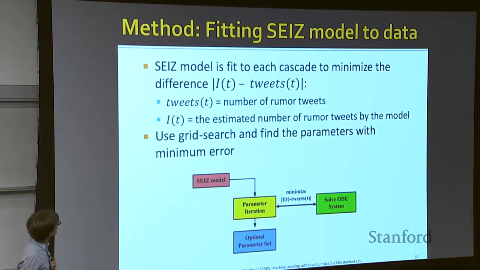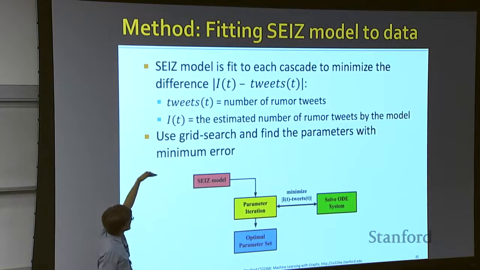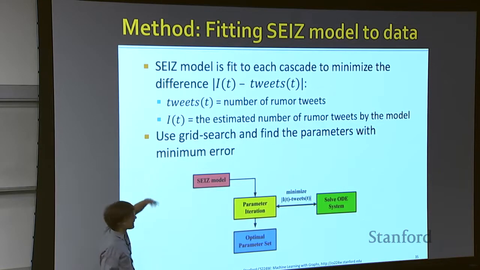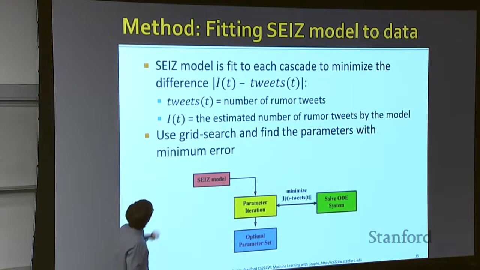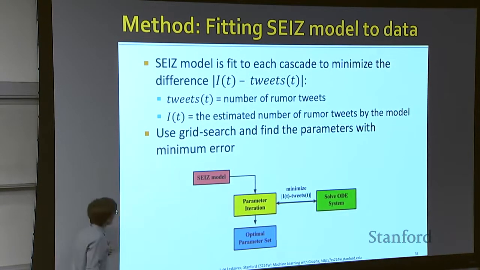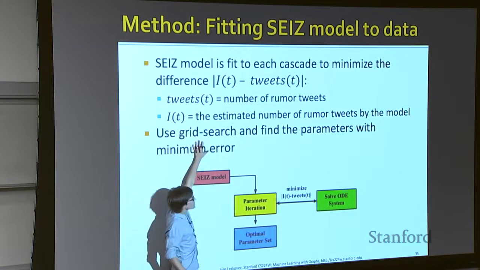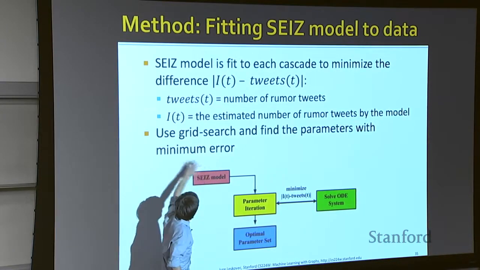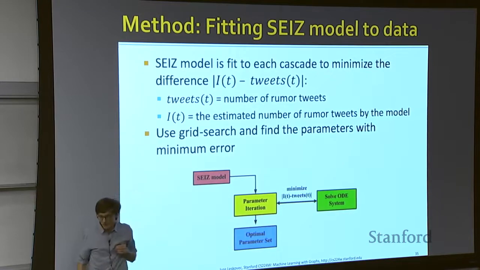What they did was to say, let's take the number of tweets on a given topic over time as the number of infected people. I is the number of infected people based on our model, and then the researchers just used a grid search to find the parameters that give you the minimum error, right?